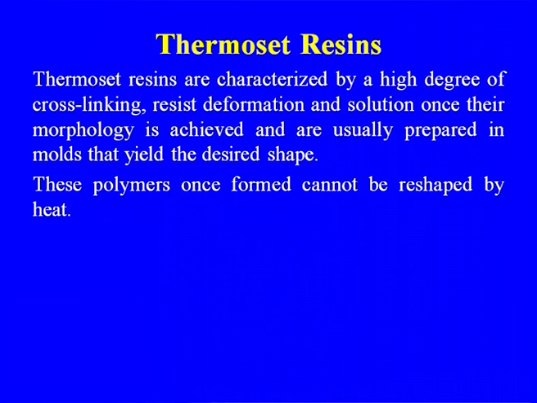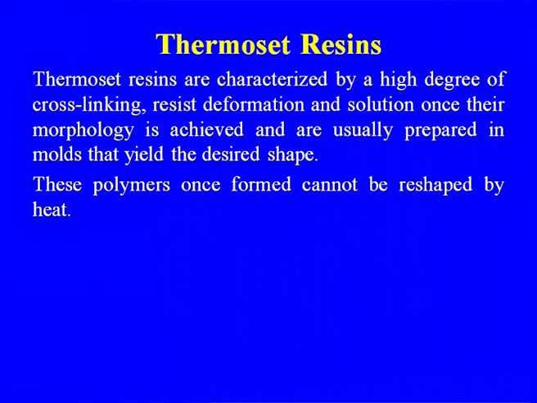Now, let us discuss some of the important thermoset resins. This was polycarbonate and PVC, the important classes of thermoplastics. Thermoset resins are characterized by a high degree of cross linking, resistance to deformation and solution once their morphology is achieved, and are usually prepared in molds that yield the desired shape.